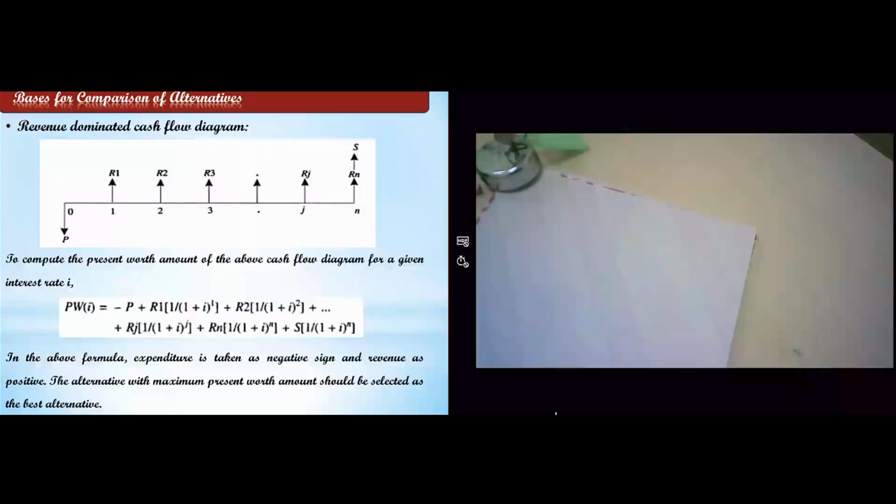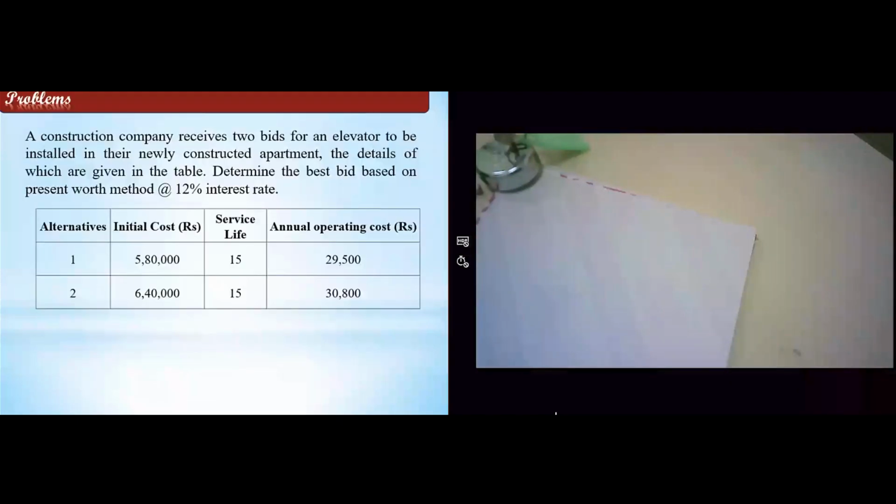Okay, so we will go on to the numericals. Just copy down this numerical.